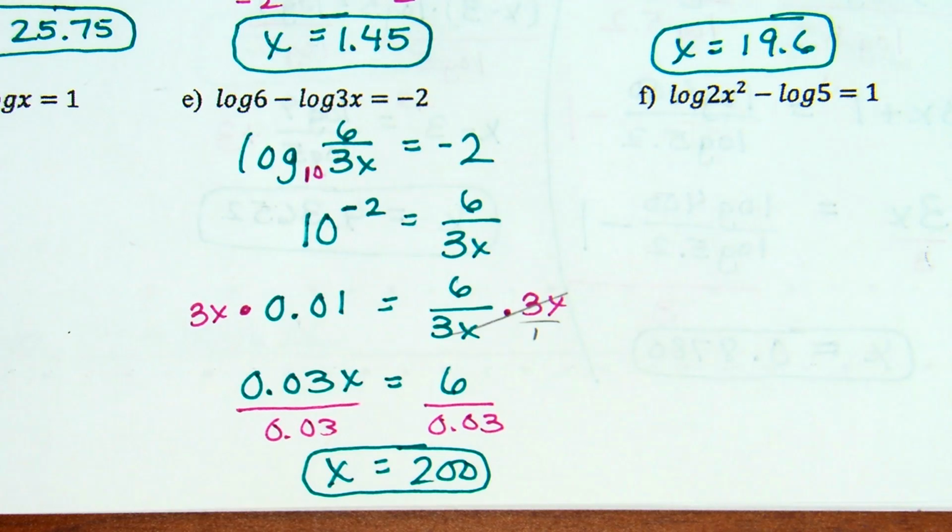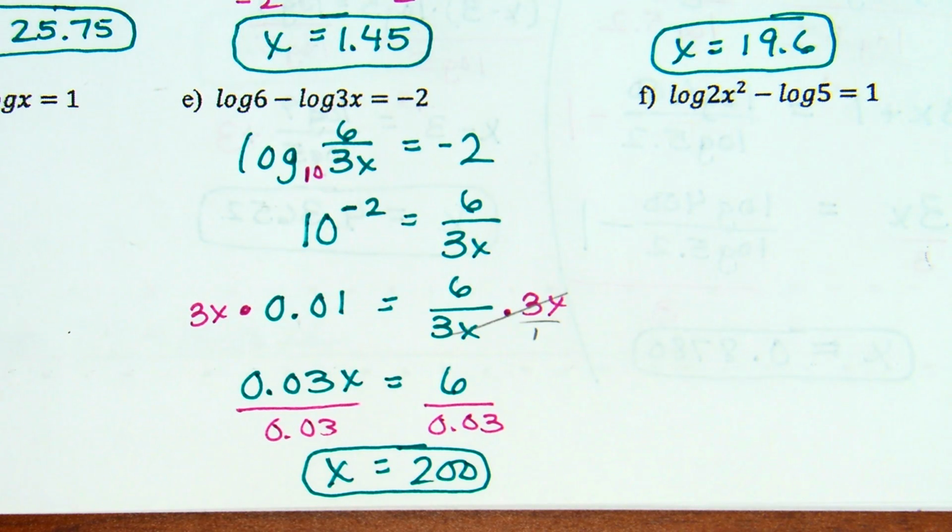I want to throw in one that has a squared in it because I think you saw a squared in homework. I'll have to double check that. Okay, so you've got an example under your belt. You kind of know what you're doing here. Log of 2x squared minus log of 5 equals 1.